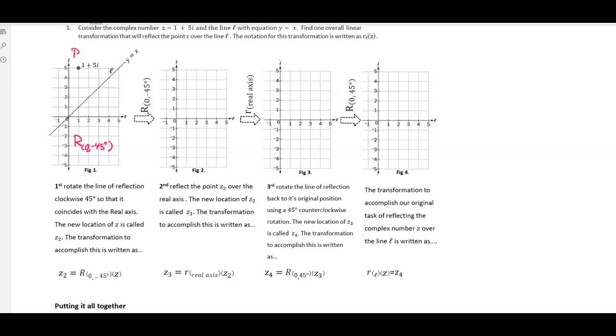So that was the same as rotating the opposite of theta. This is theta right here, 45 degrees. Question? All right. Then that put the point right here.